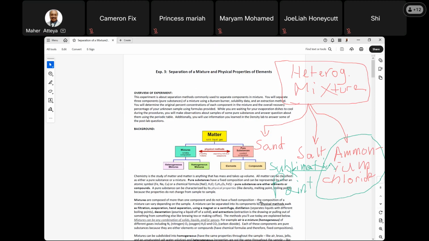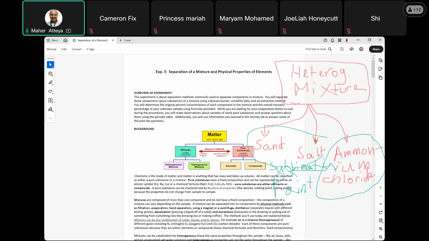The salt does not sublime and the sand does not sublime. So if we heat the mixture at mild temperature, all the ammonium chloride is gone. Then we can reweigh the mixture without ammonium chloride, and we know how much we started with.